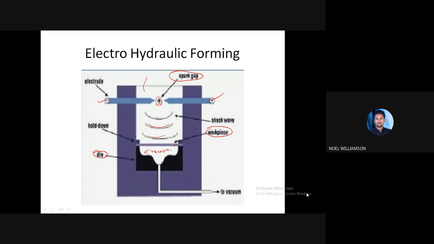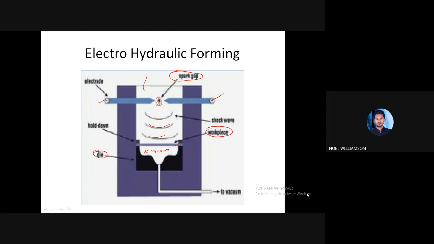Now in this second process, electrohydraulic forming or electrospark forming, the energy produced by the spark is usually less than the energy produced in the case of explosive forming.